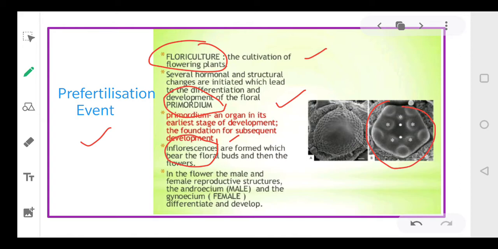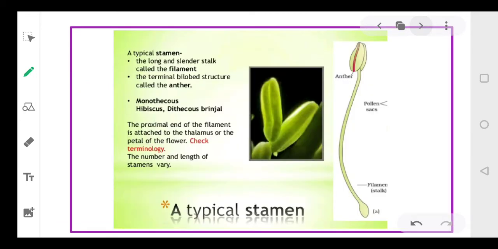And as I said, a flower has two main parts, androecium and gynoecium. Androecium is your male part and gynoecium is your female part, and these structures represent the male reproductive structure and the female reproductive structure. Androecium is commonly called the stamen.